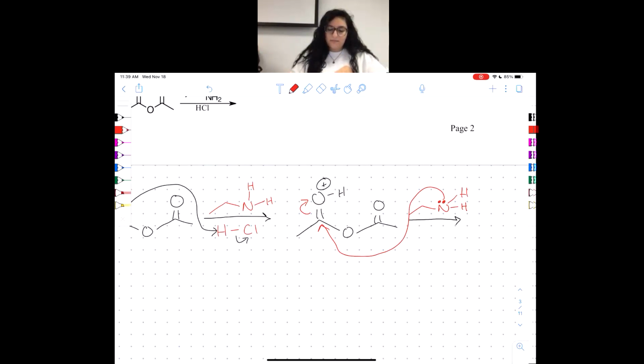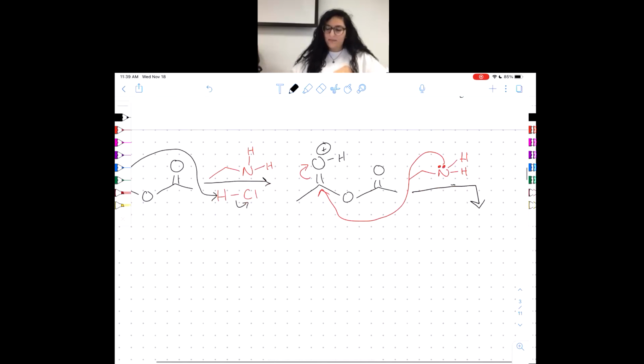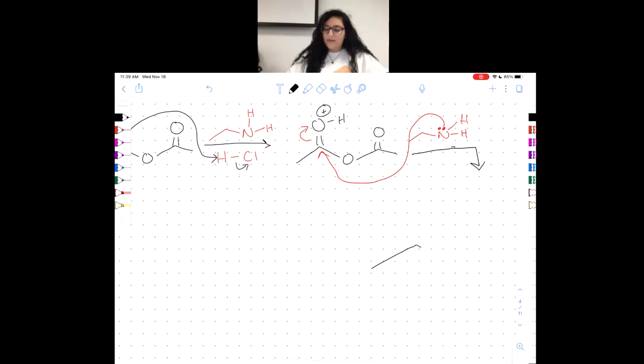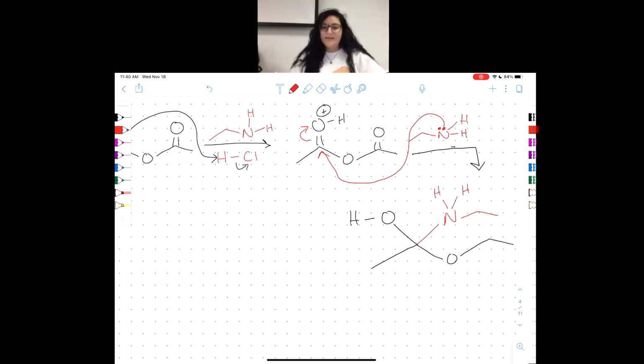So now I'm going to change my arrow so that it's pointing downward because I don't have enough space. Now we have a big, ugly, complicated thing going on here. We have an OH. That OH no longer has a charge because it's already protonated. And now attached, we have N with two H's and an R group. So charges, where are they? Please tell me.